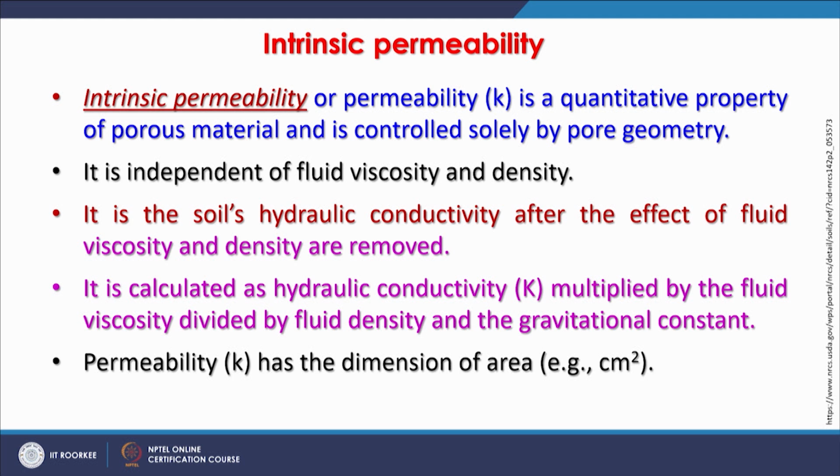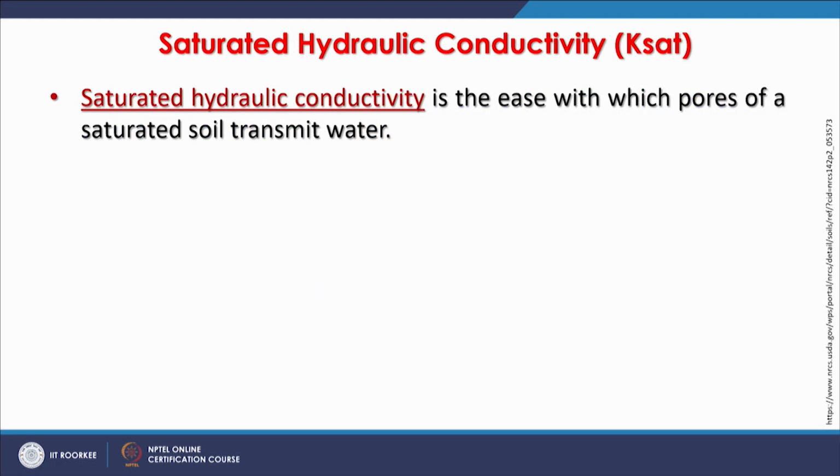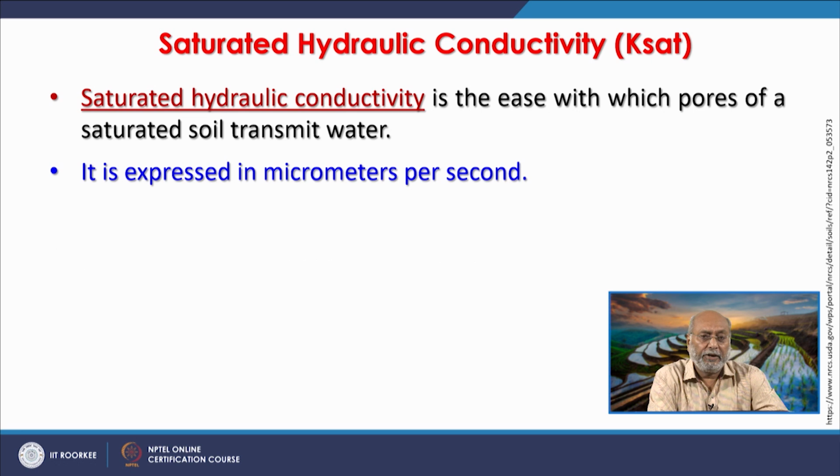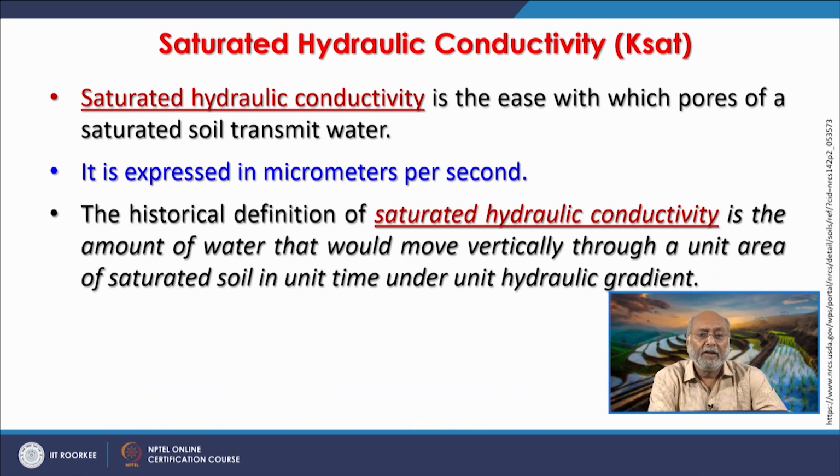Permeability K has the dimension, as you know, of area, in square centimeters or square meters. Saturated hydraulic conductivity is the ease with which the pores of a saturated soil transmit water, that part of an aquifer or rock layer which is completely saturated. It is expressed in micrometers per second.